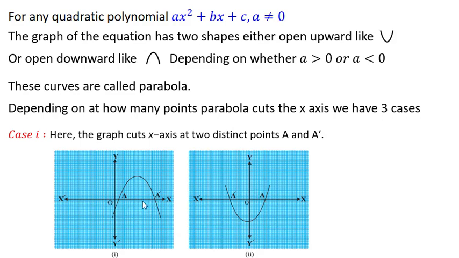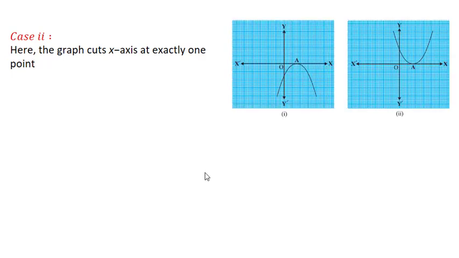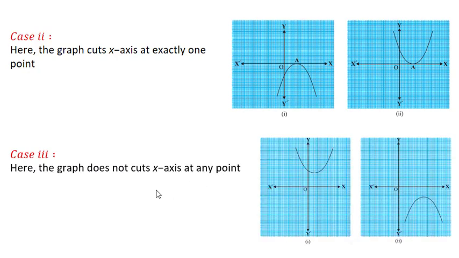These 2 different points could be anywhere along the x-axis. Now the second possibility is that it will cut the x-axis exactly at one point like this. And the third case will be that the graph will not cut the x-axis at any point. From these 3 cases also we conclude that at most 2 points the graph can cut the x-axis.